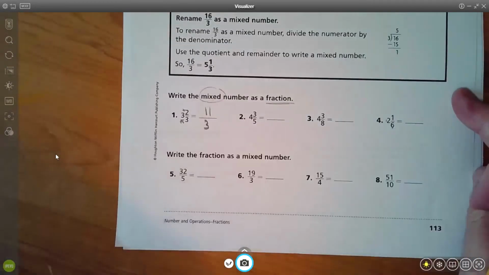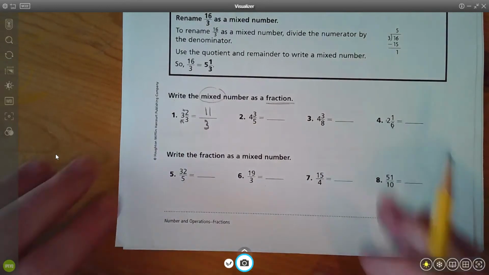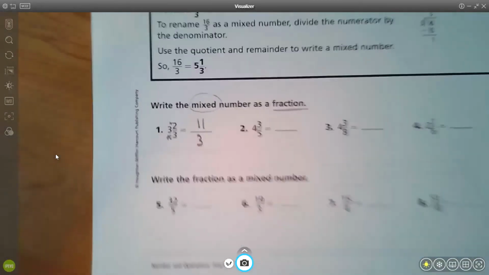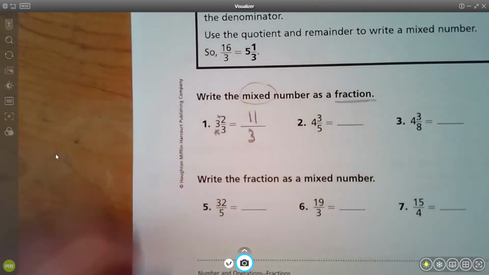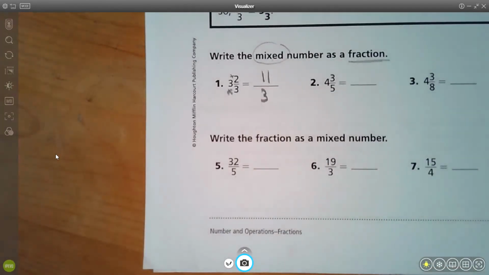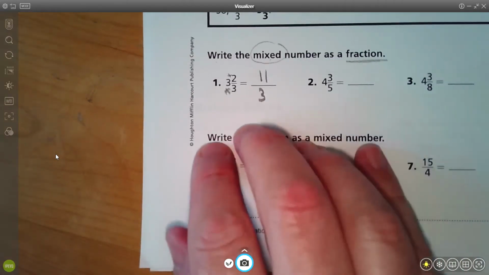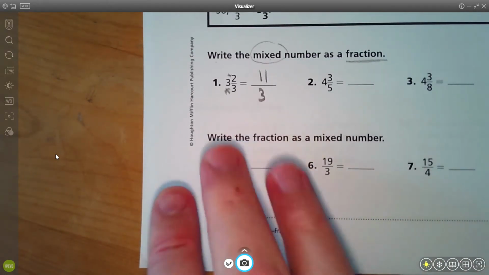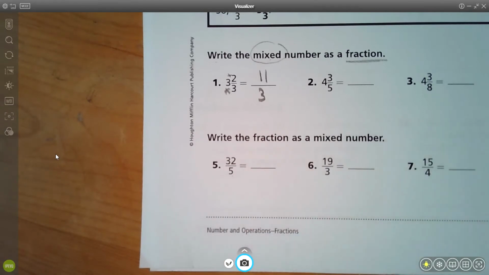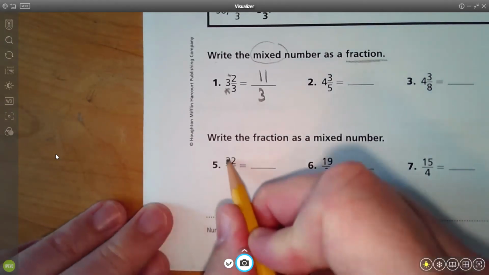Let's check the worksheet. All right, 32 fifths. How many 5's can I pull out of that 32 without going over? Let's see, 5, 10, 15, 20, 25, 30, 35. 6, because 5 times 6 is 30, right?